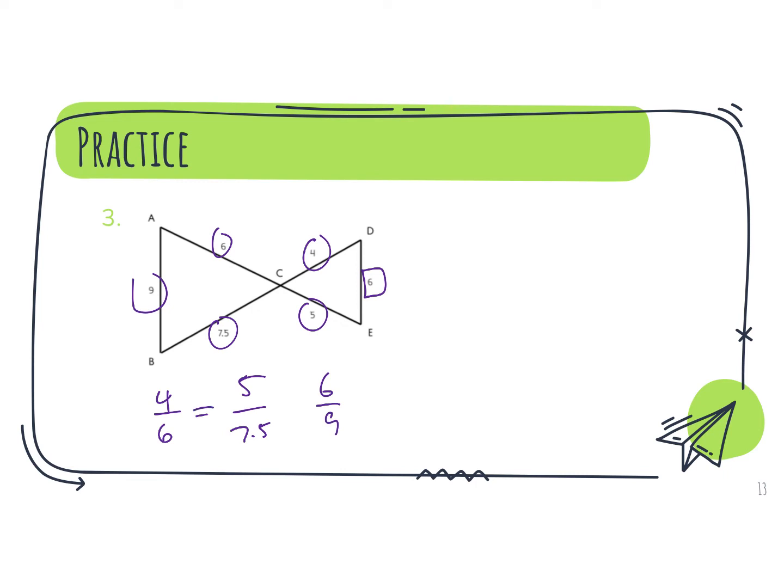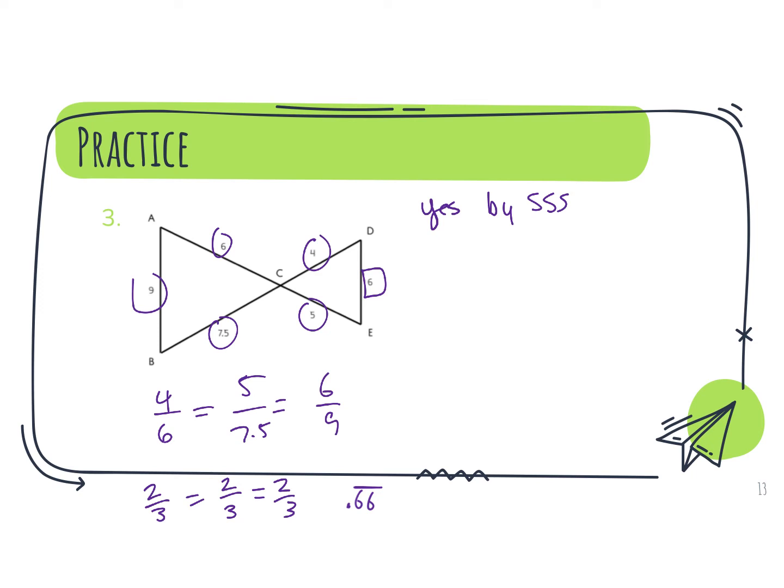Now I'll look at these and see if they all simplify to the same thing. Okay, 4 over 6 is 2/3. That is also 2/3. That is also 2/3. Okay, and in decimal form, it'd be 0.6 repeating. So if you threw that in a calculator, you should know that all three of them are going to get 0.6 repeating. So I'm going to say yes, but this is by side, side, side.